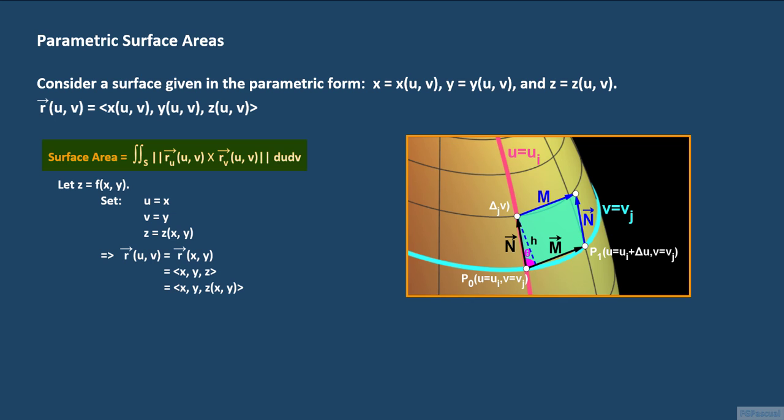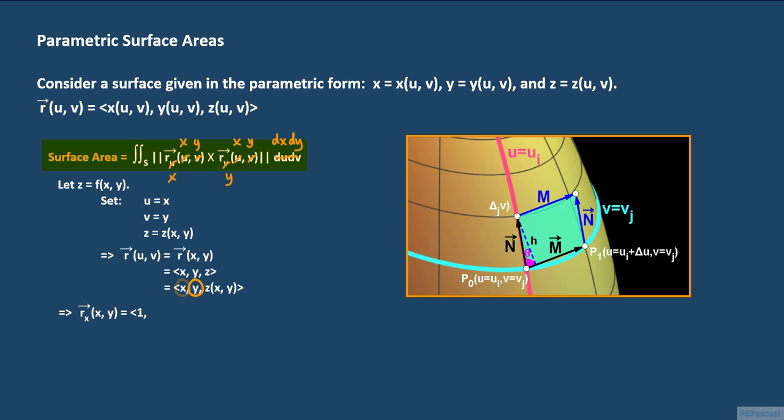In the surface area integral, r sub u becomes r sub x, and r sub v becomes r sub y. Both of these derivatives are evaluated at x and y. The derivative of x with respect to itself is 1.